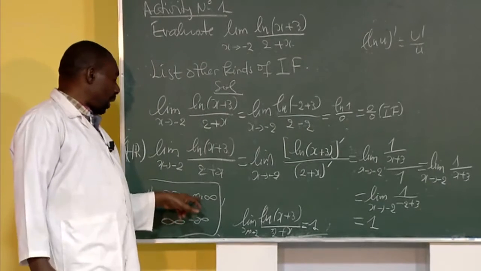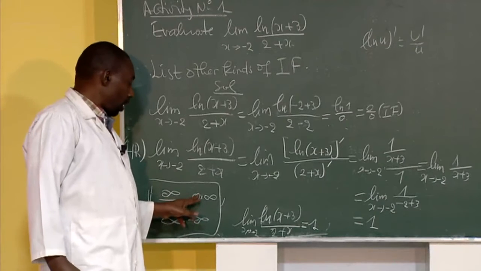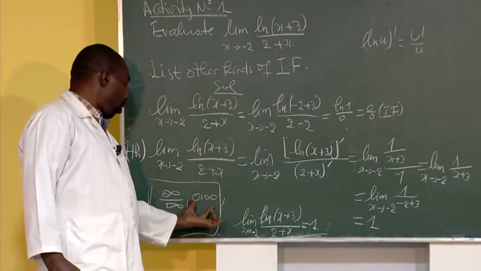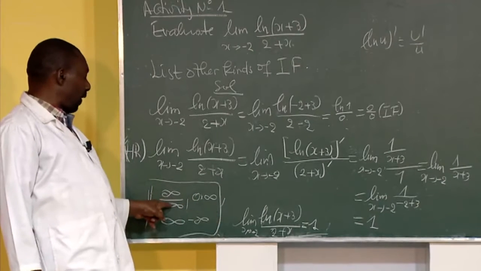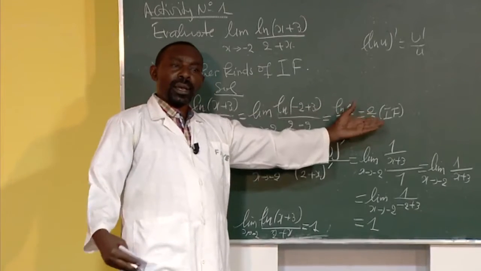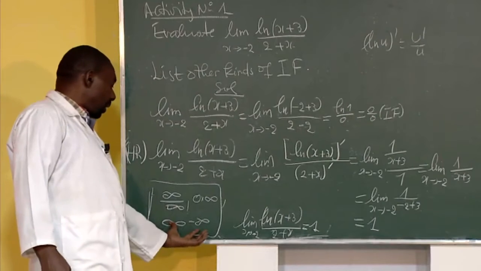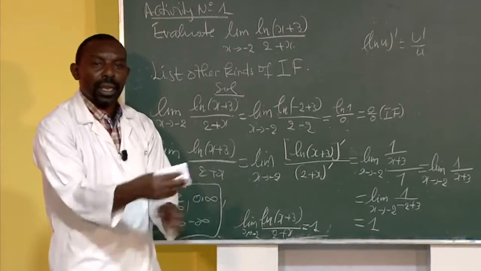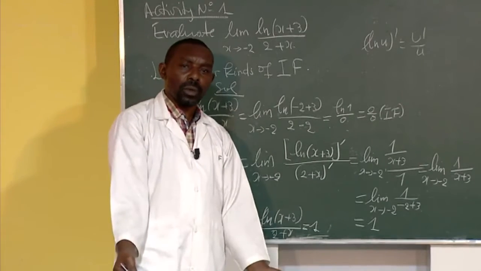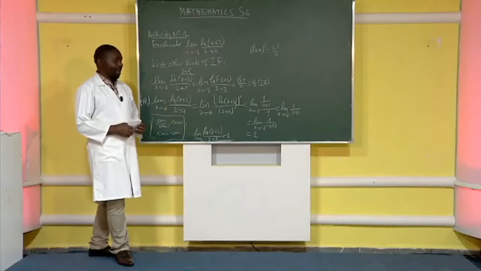When you have 0 times infinity, you have to bring this form into infinity divided by infinity, or 0 divided by 0, so that you can apply the hospital's rule. And for infinity minus infinity, you have to conjugate and then simplify. Are you together? Yes, thank you very much.